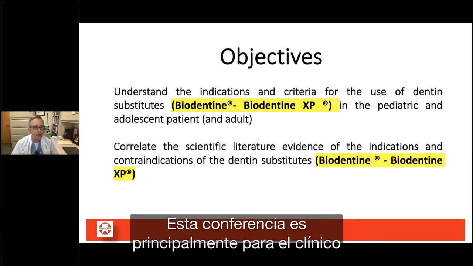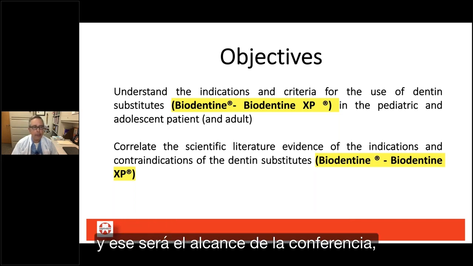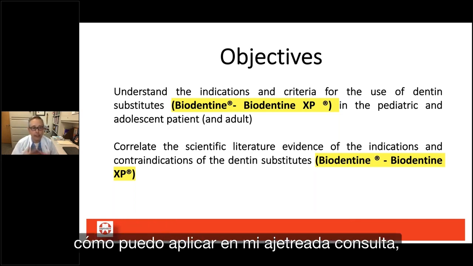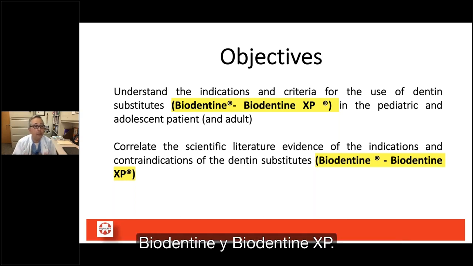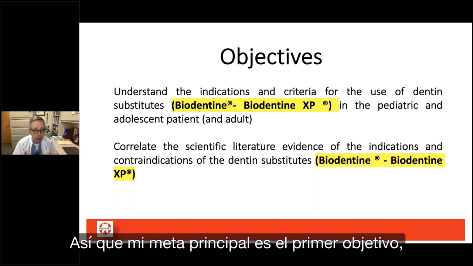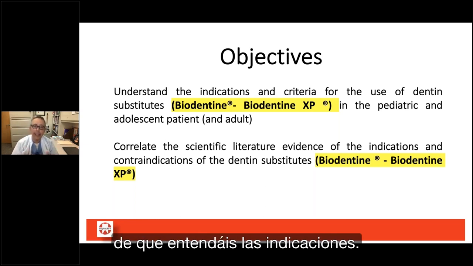This lecture is mainly for the clinician, and I will keep that scope. How I apply in my practice, or how you can use in your practice, Biodentine and Biodentine XP. So my main goal is the first objective, for you to understand the indications.